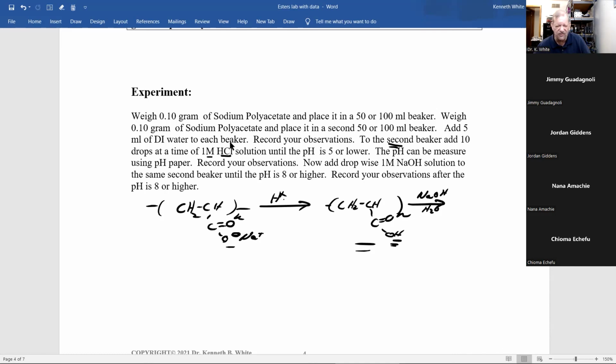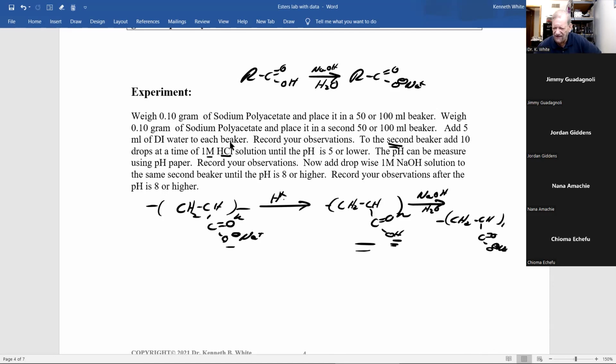And here we have an acid, remember, carboxylic acid plus a base. I'll just use sodium hydroxide, and water gives you the carboxylate anion. And therefore, what you get is the carboxylate anion, poly sodium acrylate.